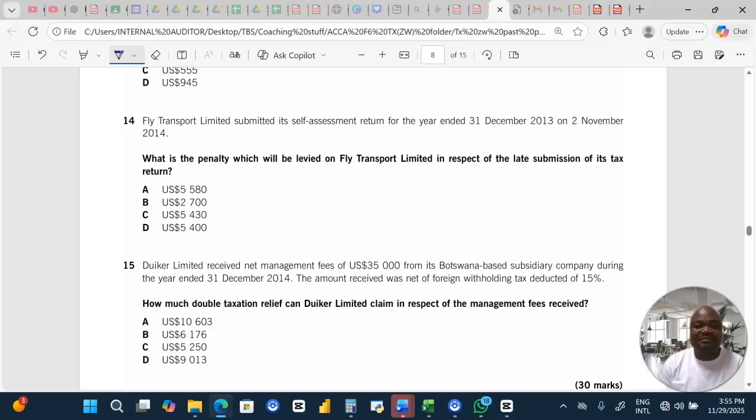Number 14. Flight Transport Limited submitted its self-assessment return for the year ended 31st December 2023 on 2nd November 2024. What is the penalty which will be levied on Flight Transport Limited in respect of the late submission of its tax return?